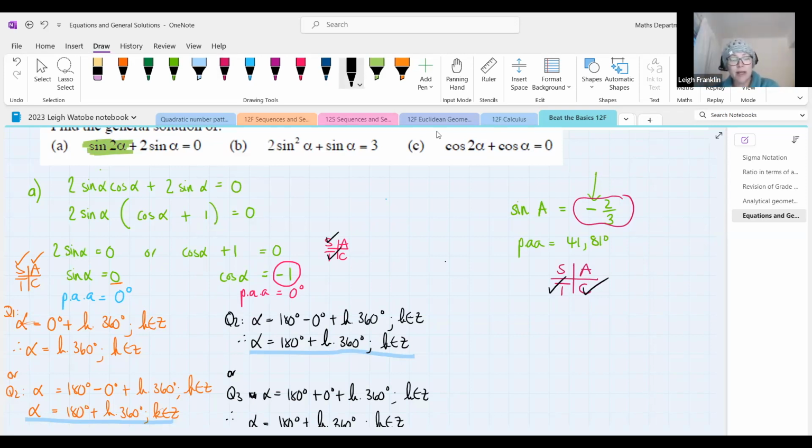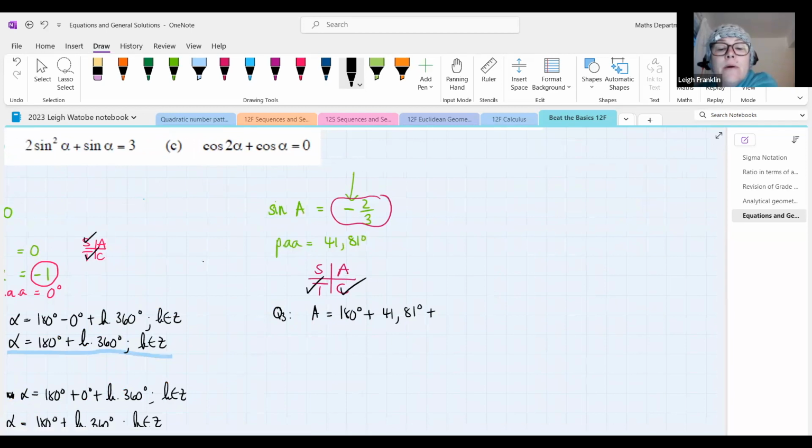Amahle, does that make more sense? Okay, so in quadrant 3, if we were solving for angle A with a general solution, we would say that A is equal to 180 plus our PAA plus k times 360, k an element of the integers.